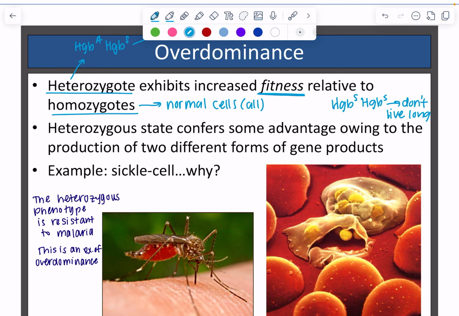Mosquitoes carrying malaria could bite them and they wouldn't get malaria. Malaria is really bad. It can kill lots of people. So these people with heterozygote sickle cell traits were immune to malaria, and so they were surviving at higher rates than people with all normal cells. And so that codominance of the sickle cell and normal cells was actually increasing fitness in those areas.